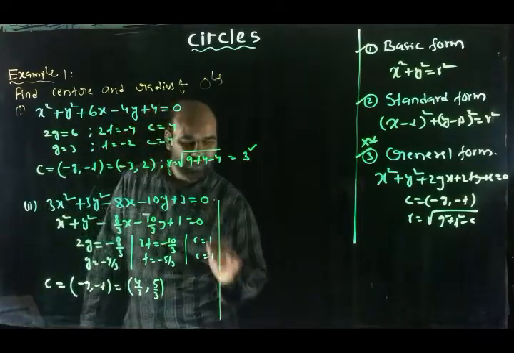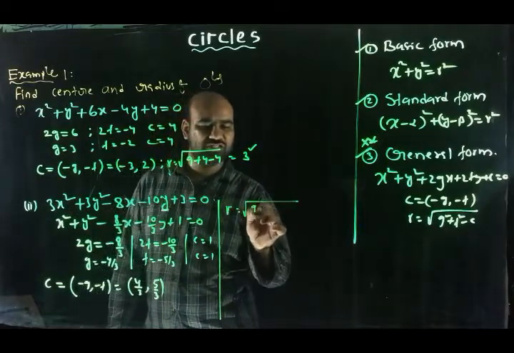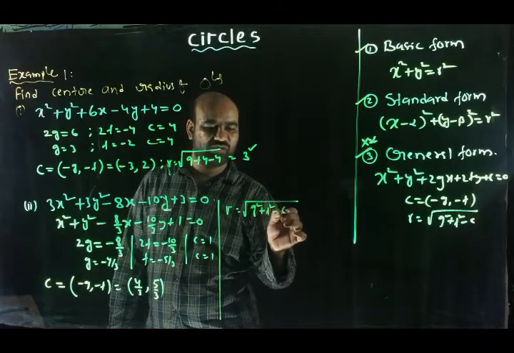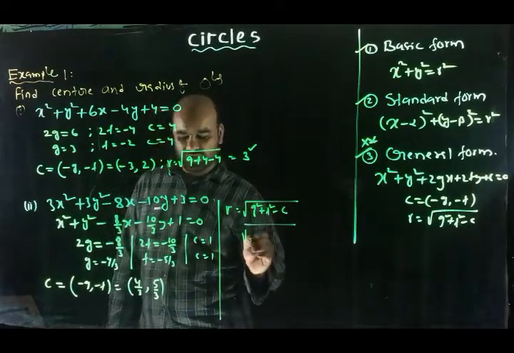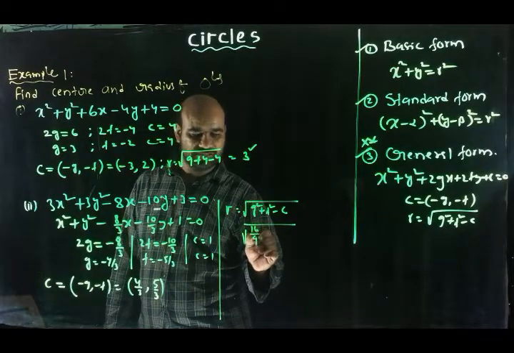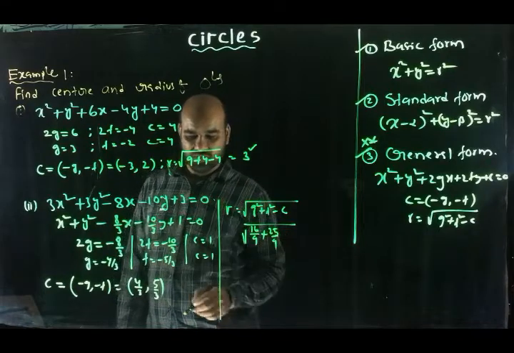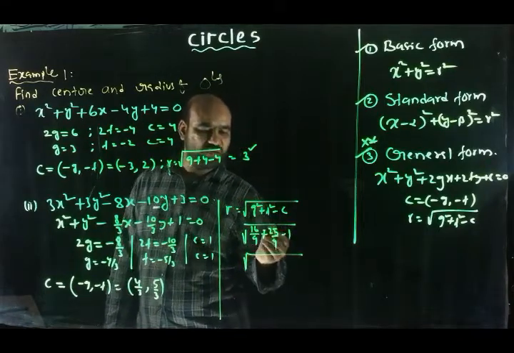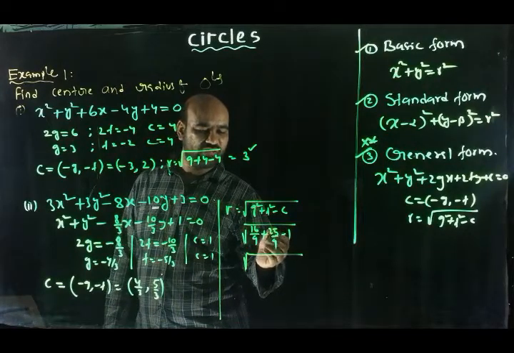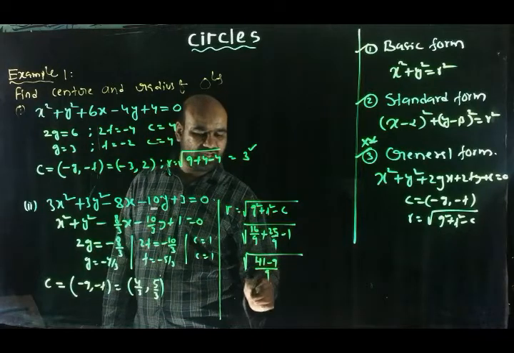Now we need to find the radius. R equals root over g square plus f square minus c. So g square means 16 by 9, f square means 25 by 9, and c is minus 1. So 25 plus 16 is 41, minus 9 by 9.